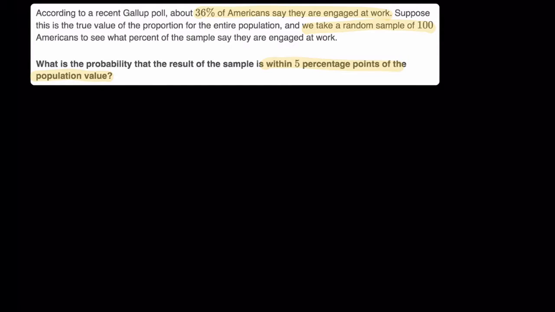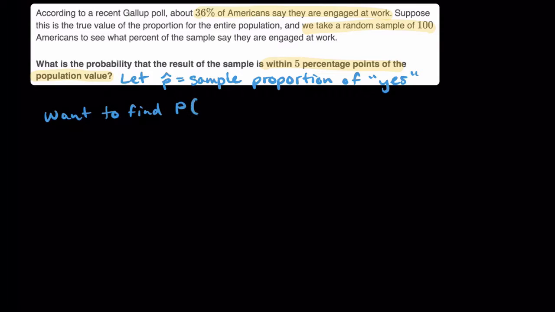So this problem is about a sample proportion, so we should say what p hat equals. P hat is our symbol for sample proportion, and in this problem, p hat is the sample proportion that say yes in our sample. And our whole goal is we want to find the probability that p hat is within 5% of 36%.